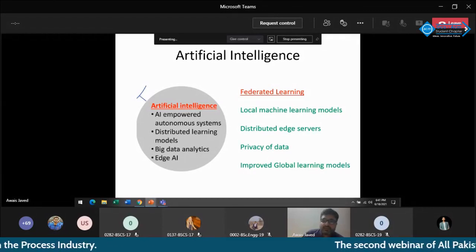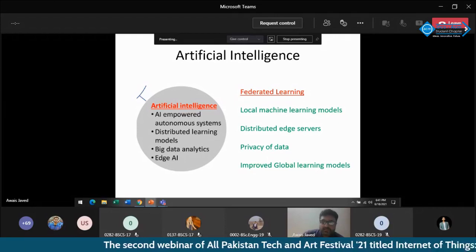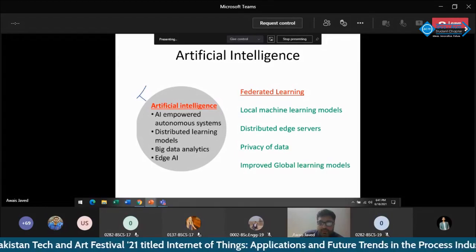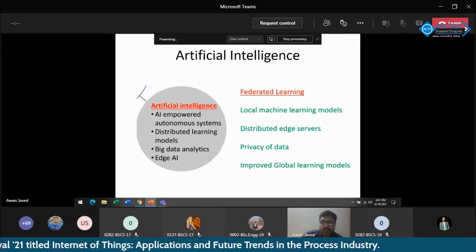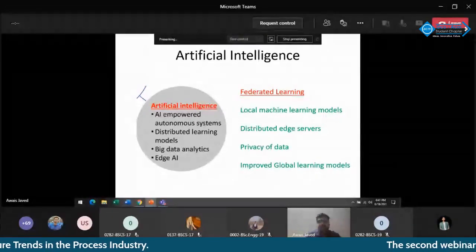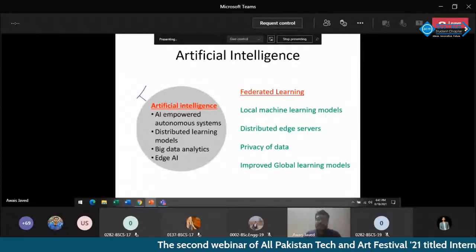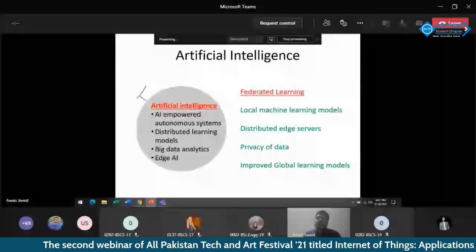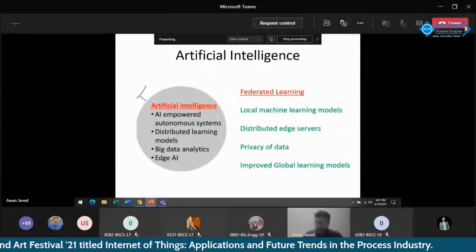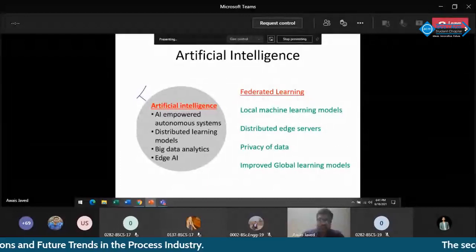The devices will only share data with their localized edge server, for example, not with the global edge server. Another advantage is that it takes a lot of time to train a global learning model, and the complexity of the algorithm becomes very high. With federated learning, you can have local machine learning models, and only those parameters are shared with the centralized server. Instead of sharing all the data, you share your model data with the centralized server, and the advantage is you can have improved global learning models. So the global learning models can be developed with federated learning.